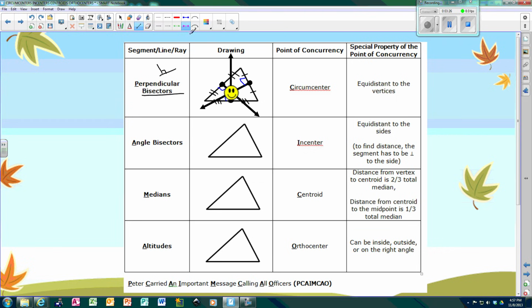Okay, so now what's really cool about them is if I go to that point where they all intersect, and if I draw a line to each corner, so we have a bunch of different lines, it's a little bit confusing.